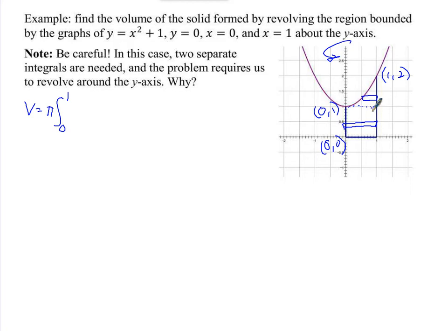So it's just 1 squared dy. Now what? That is pi y. We've got to set up the other one, but what am I going to have? Pi y. What do we need? Plus, good. We're adding these two integrals together.